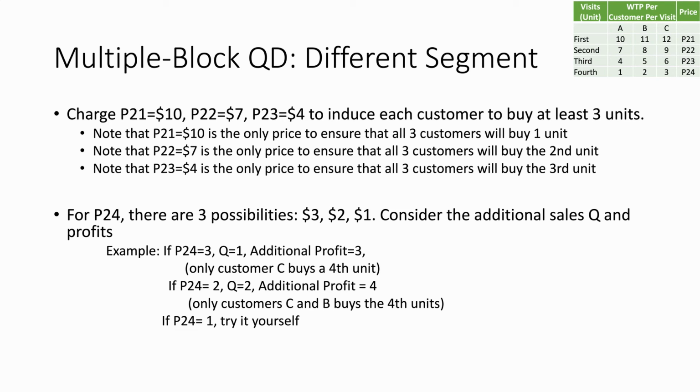Now for P24, there are 3 possibilities, $3, $2, and $1. And similarly, we consider if we charge $3, we sell 1 ticket, the additional profit is $3. We charge $2, the additional profit is 2 times 2 is 4. If we charge $1, the additional profit is 1 times 3, it's 3. So 4 wins.